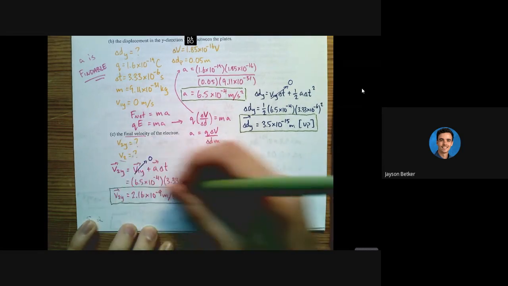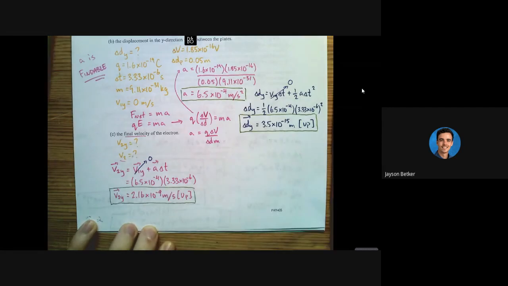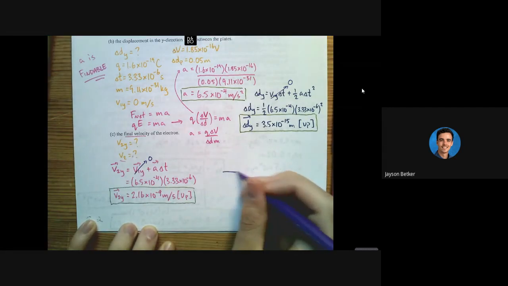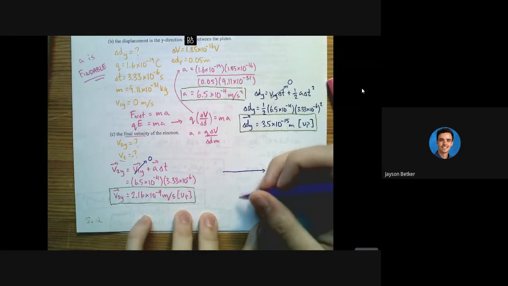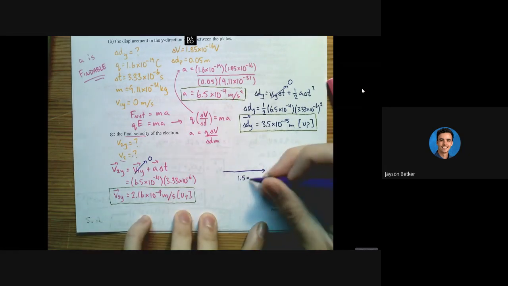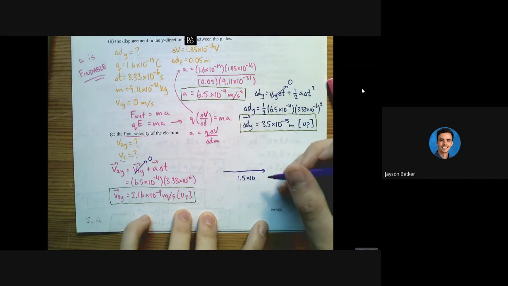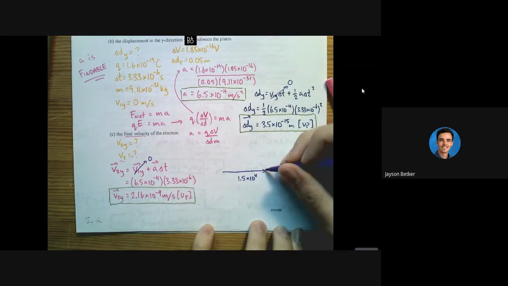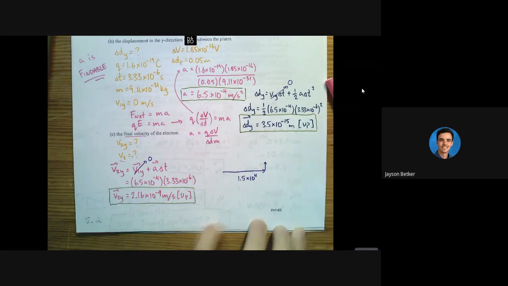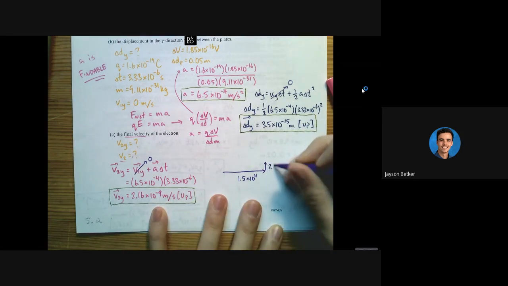We know Vx was 1.5 times 10 to the 4, going really fast. And we know that y is going to be really small, even smaller than that, but it's making a small little triangle. 2.16 times 10 to the negative 9.